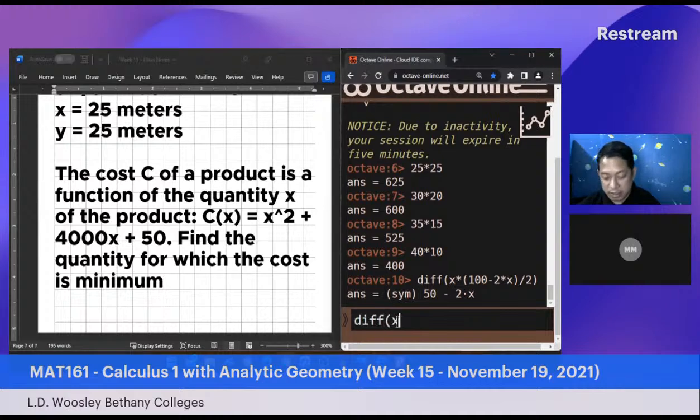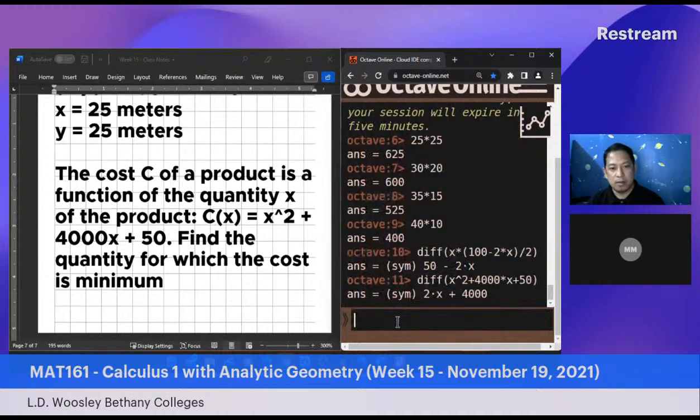So for this case, X squared plus 50. So 2X plus 400.